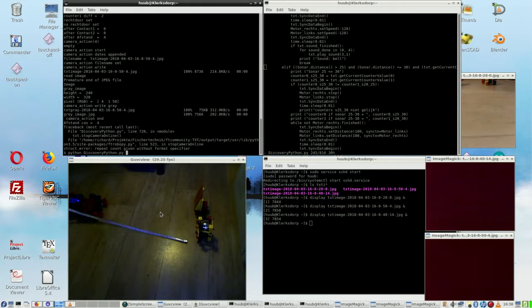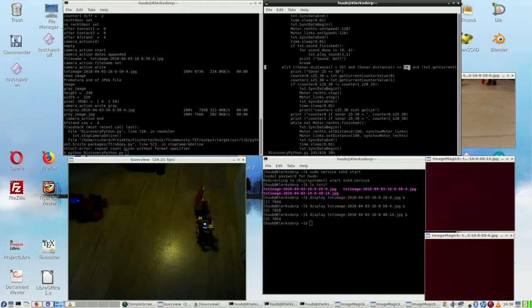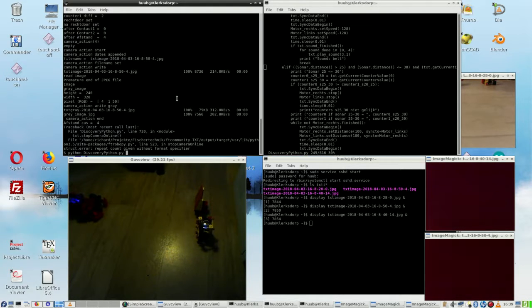What distance is it? 65 centimeters, give or take. So, alright, 65 means there is about 26 centimeters left, right here. But we'll do it and see whatever happens.